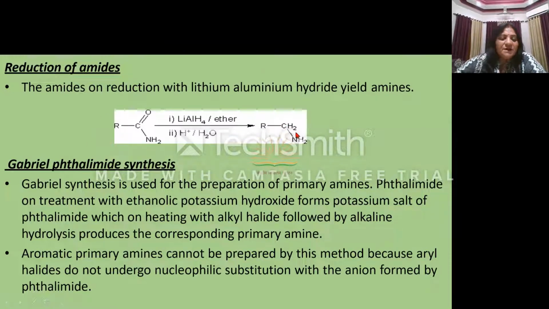Now the commercial preparation, Gabriel phthalimide synthesis. Here we call it phthalimide. P is silent in the pronunciation. So in Gabriel synthesis, the preparation of primary amine is from phthalimide. Phthalic acid you have already studied in chapter 12.